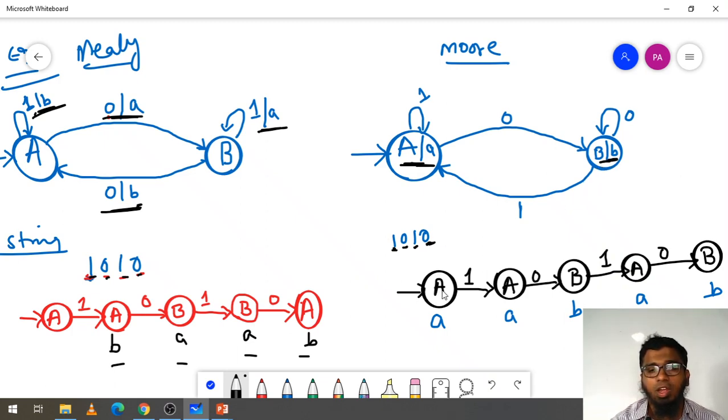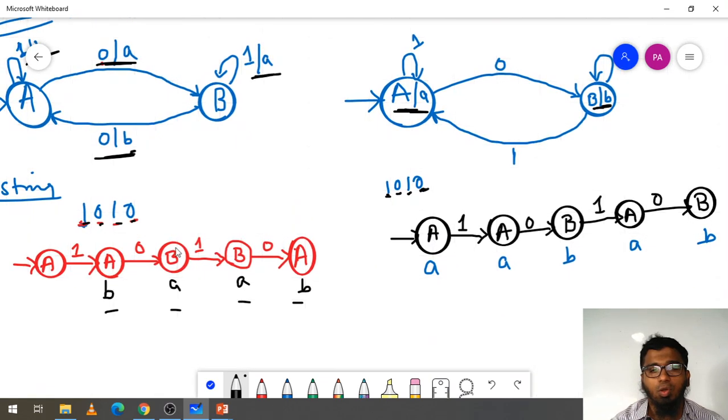Okay. So here the major difference, as I told you: when we have n number of alphabets, n transitions, at that time we will get n outputs in the Mealy machine. And here in the Moore machine, how many transitions? 1, 2, 3, 4.